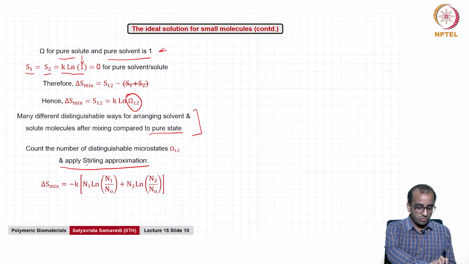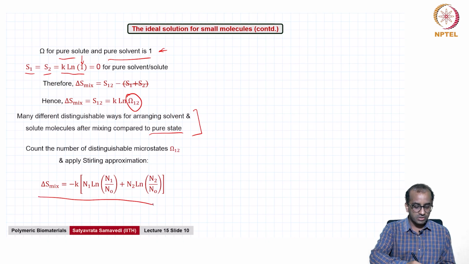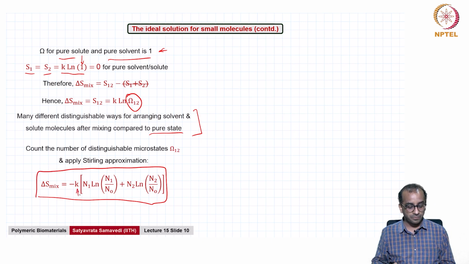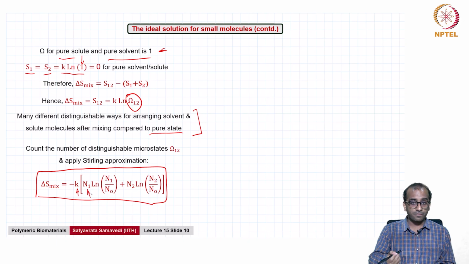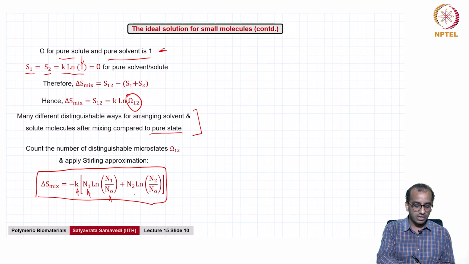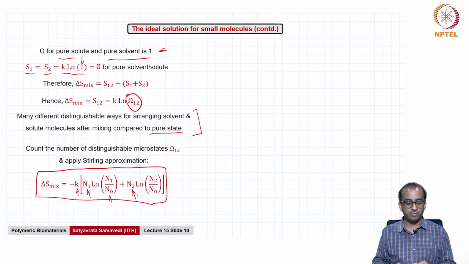Ultimately, if you do that, you will end up with an expression that looks like this. This delta S mix is given by minus k, which is the Boltzmann constant. N1 is the number of solvent molecules, N0 is the total number of solvent molecules and solute molecules, and N2 is the total number of solute molecules.